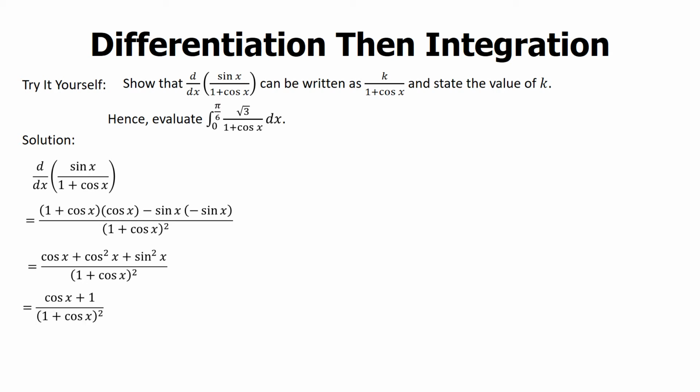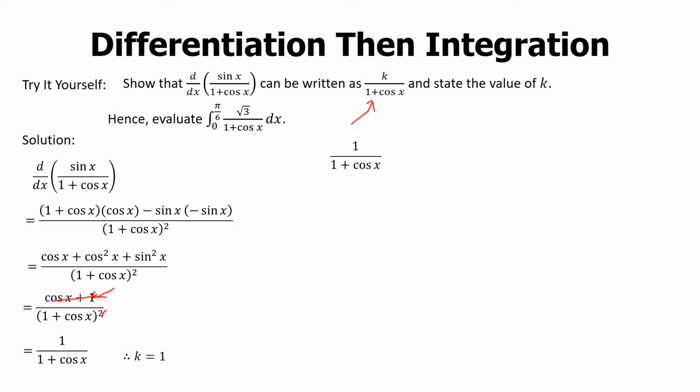Okay, and notice that cosine squared x plus sine squared x equals 1. Hence, it becomes cosine x plus 1 over (1 plus cosine x) squared. So, we can cancel cosine x plus 1 and 1 plus cosine x squared, which becomes 1 over 1 plus cosine x. And if we compare with the expression given, we can say that k equals 1.